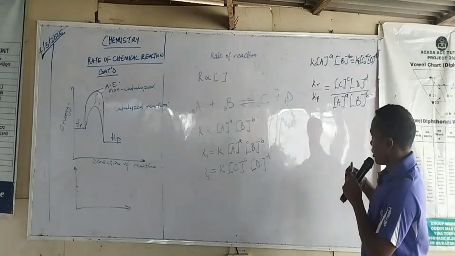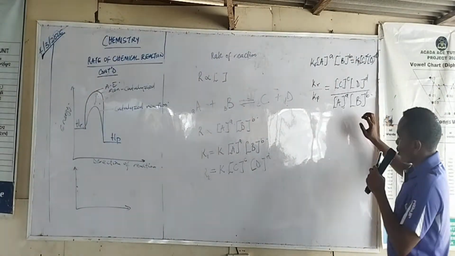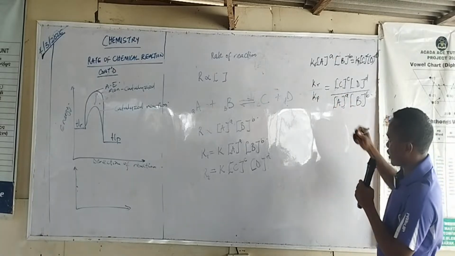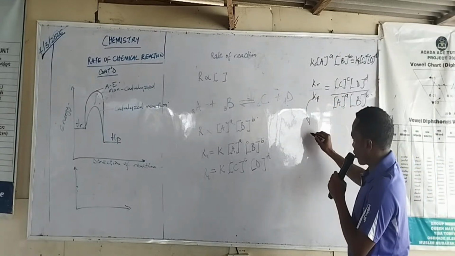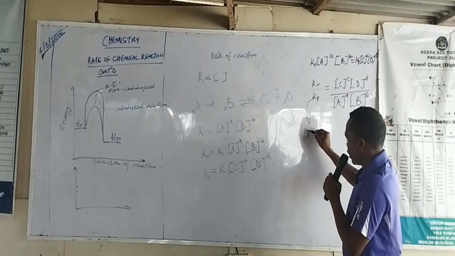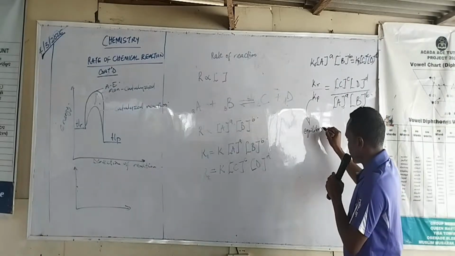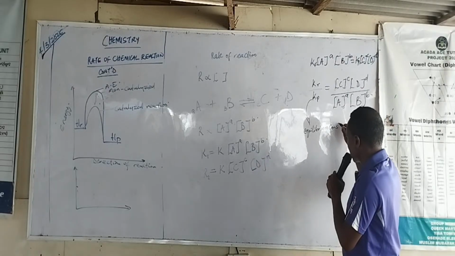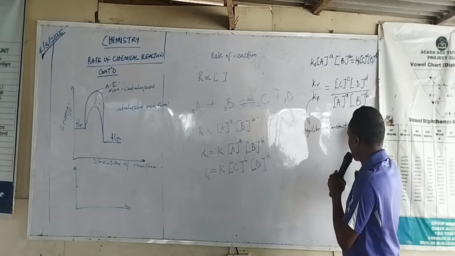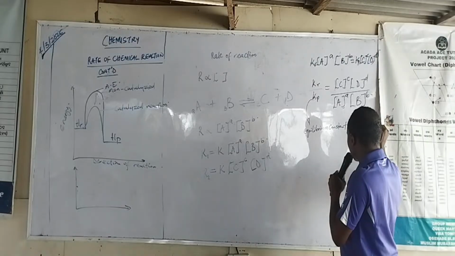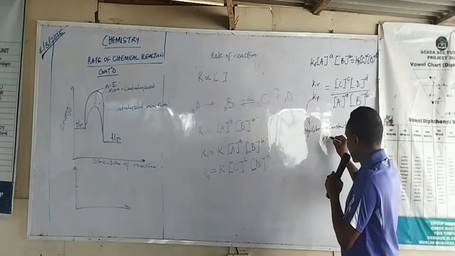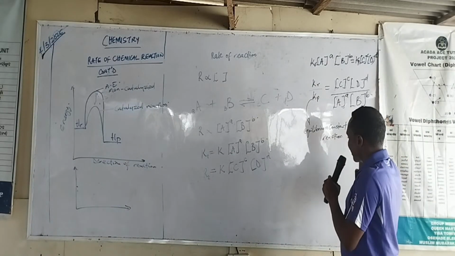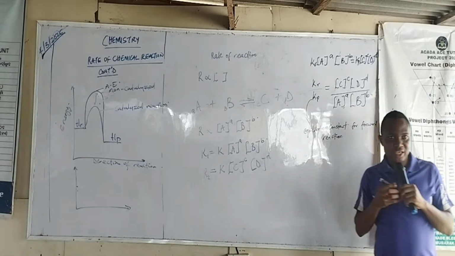Okay. Now looking at this here, we said that KR over KP is what you usually talk about as your equilibrium constant, and this is for forward reaction. Now it depends on how you want to see it.